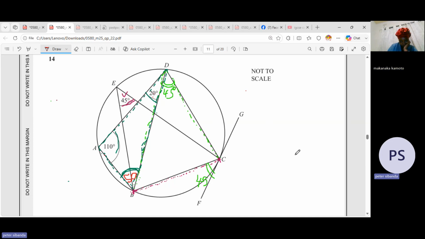So all the theorems that worked with a center are out. A line from the center meeting the tangent at the point of contact forming 90, that's not there, because this is not passing through the center. If there was a center, we would be told. Also, the angle at the center being twice the one at the circumference is not going to apply.